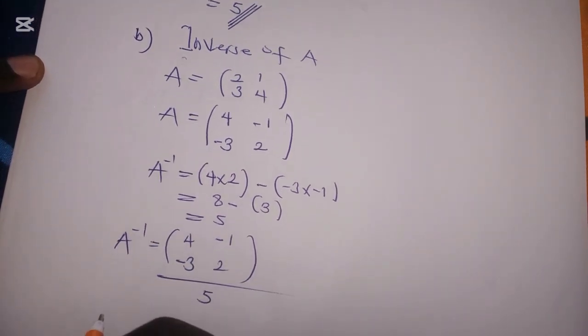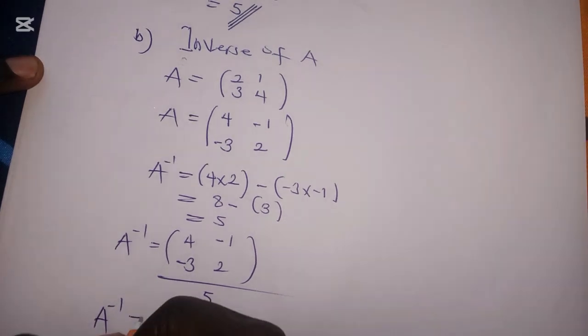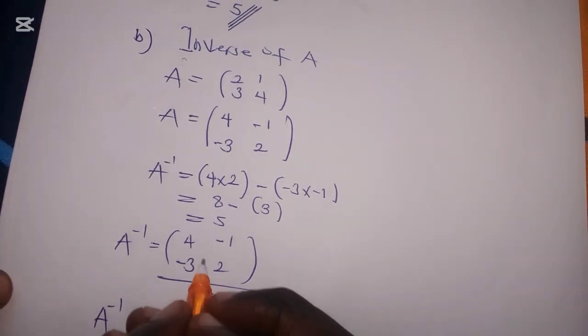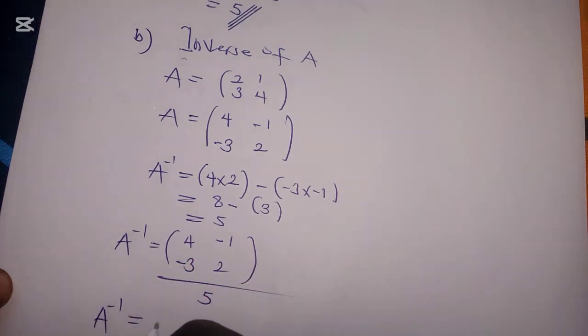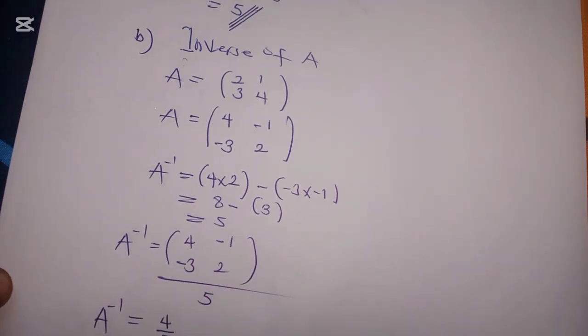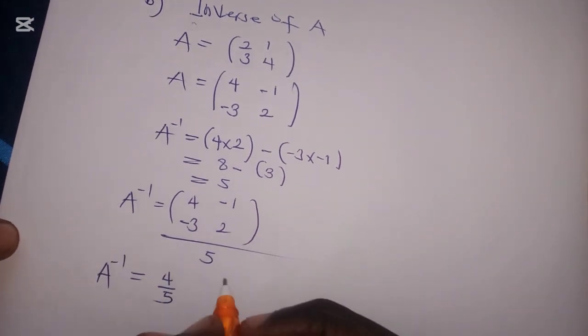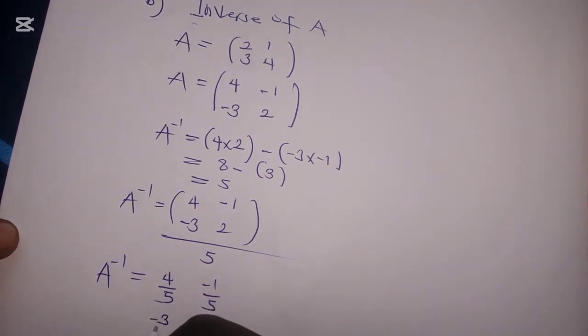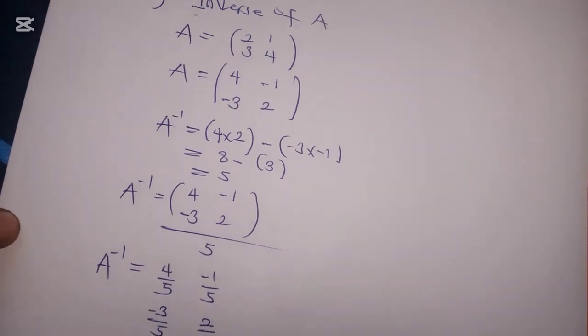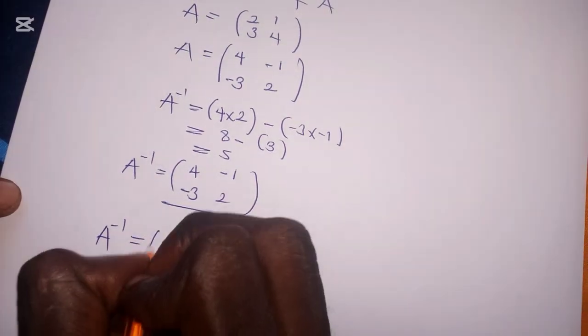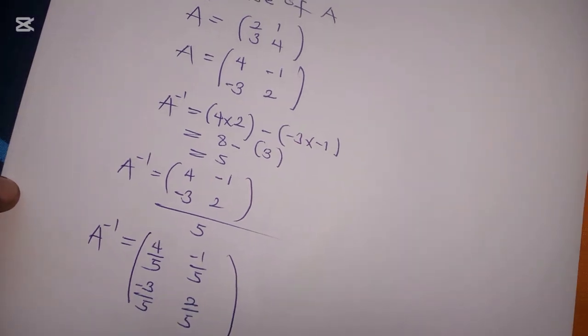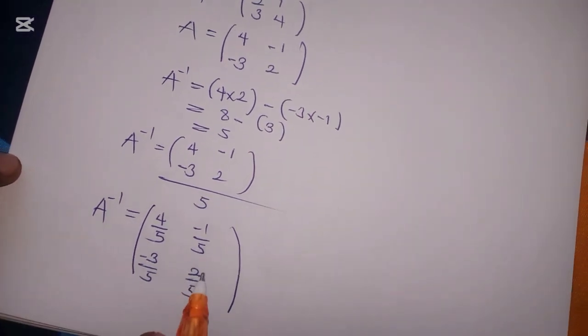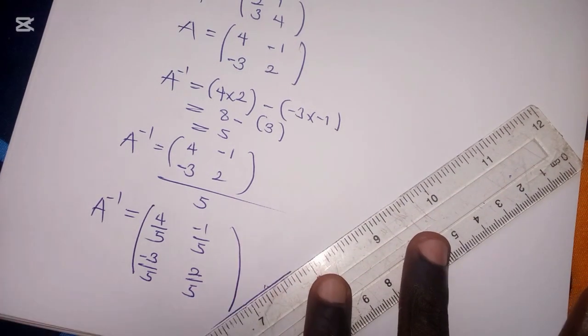So A inverse becomes 4 divided by 5, minus 1 divided by 5, minus 3 divided by 5, and 2 divided by 5 respectively. So this is what we have to find in respect to the problem that we are given. This is the inverse of A.